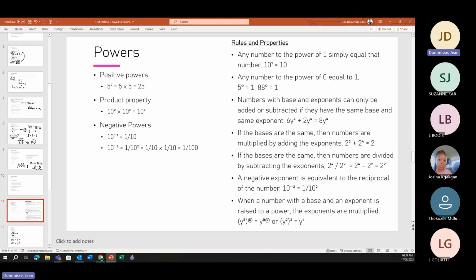The other part that you need to also have a bit of understanding about is powers, but also then just some of the rules. So when we get to theme 2 and 3, you will use this a lot. It's not really for now to really understand it, but when you look at theme 2 and 3, you will use the powers a lot.